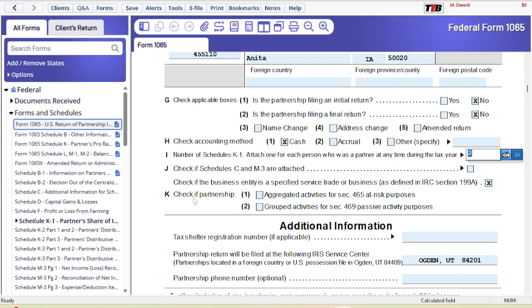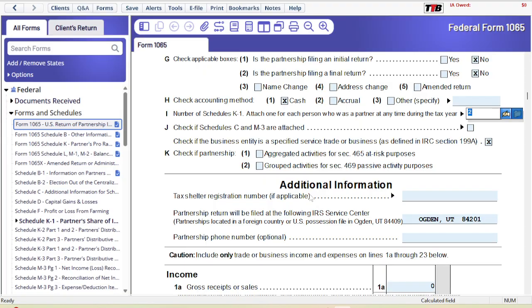And check if the partnership is going to aggregate activities or group activities. This one is for passive. When you have multiple business activities under one umbrella, one business, and you want to aggregate them, you will track those. But if you have passive activities and you want to group them, you will track that one. Otherwise, we are just going to leave them like that.